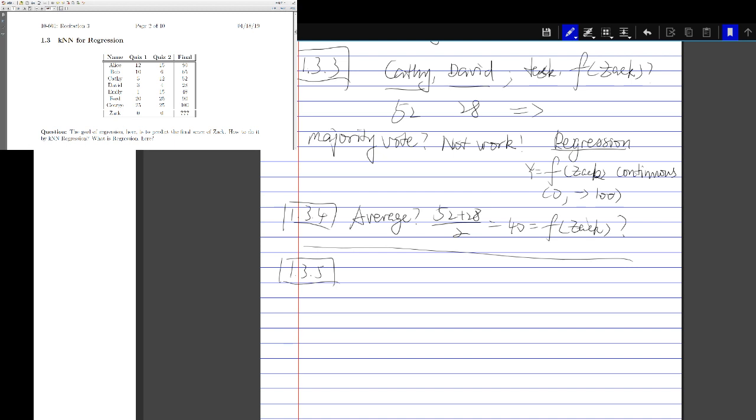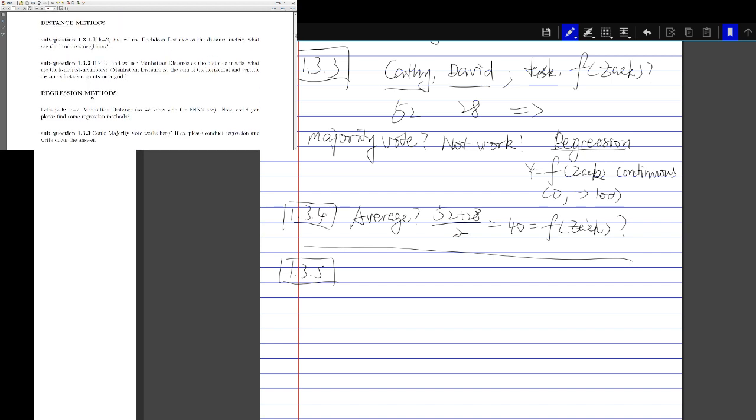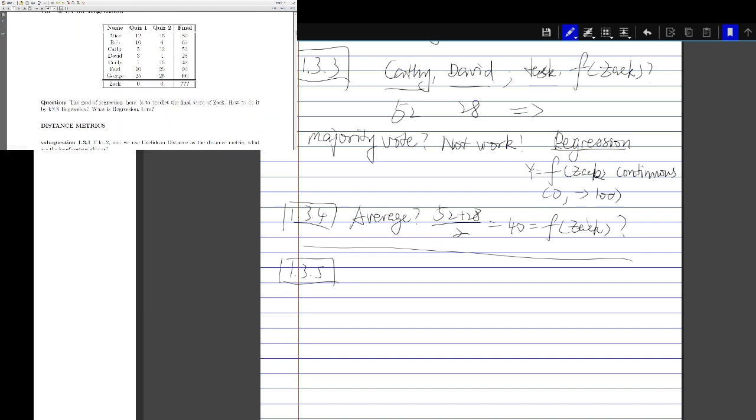All right, and the way to do that is, instead of taking a simple average, we can try to take a weighted average.